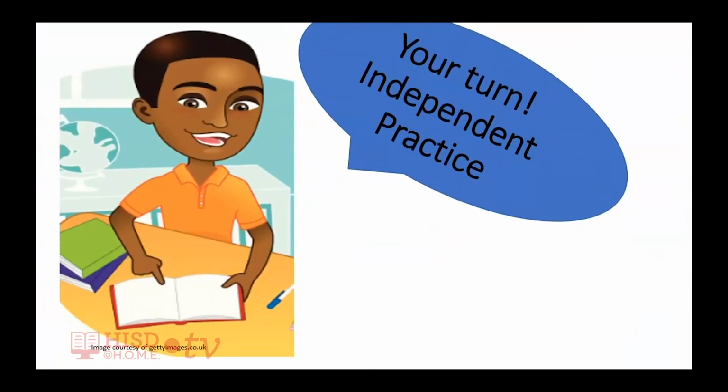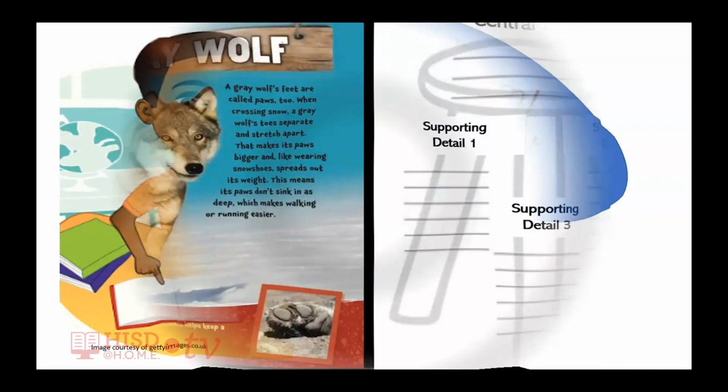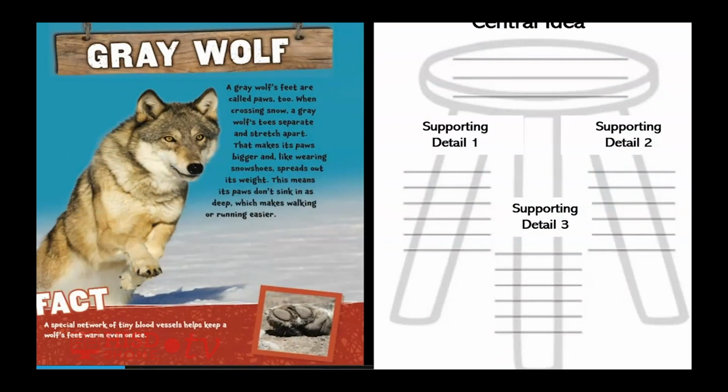Now it's your turn. Independent practice. We're going to look back at the gray wolf. And remember, step 1 wants us to look at the title for hints and clues. Step 2 wants us to read the text and determine the topic and ask yourself, what does the author want me to know?